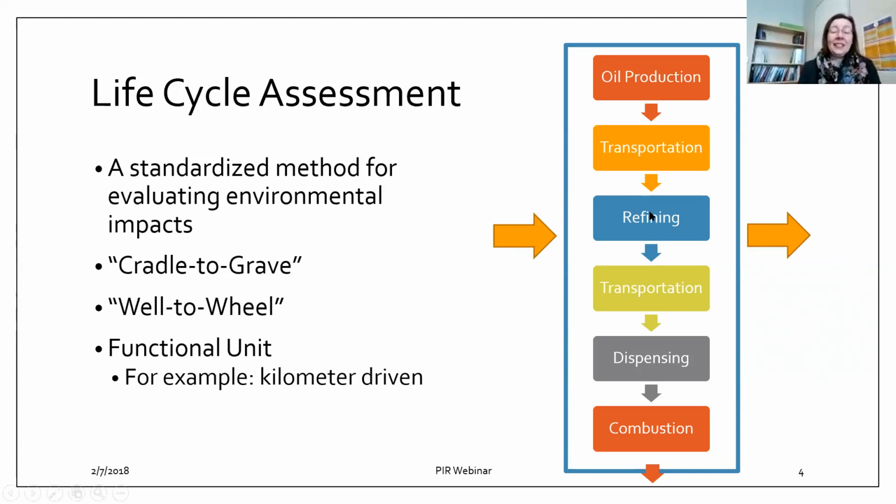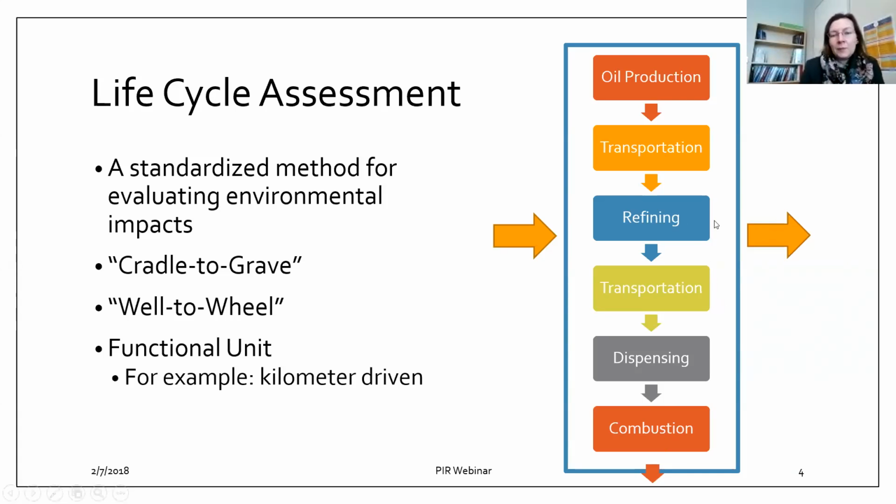Once we've got our gasoline, which we need to drive our car, we need to ship that gasoline to the gas station so that we can get it. And then we need a little bit of energy to get the gasoline from the pump into our car, and then we can burn it, and that's what lets us drive.